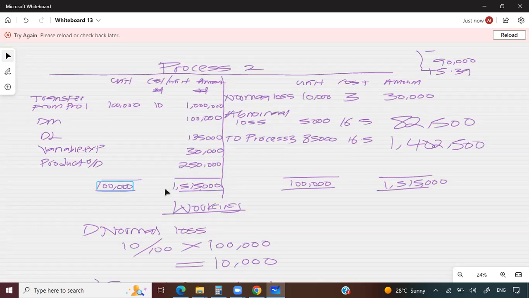But out of this 100 kg, 10,000 is bad, and the bad units also realize an amount. So the net amount that you actually spend will be this minus the scrap value.